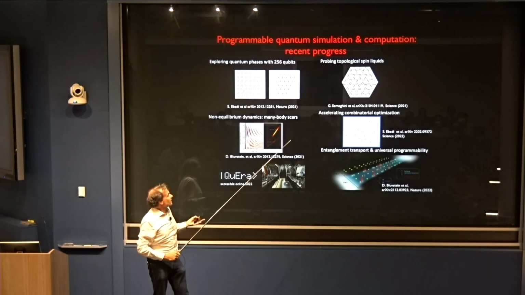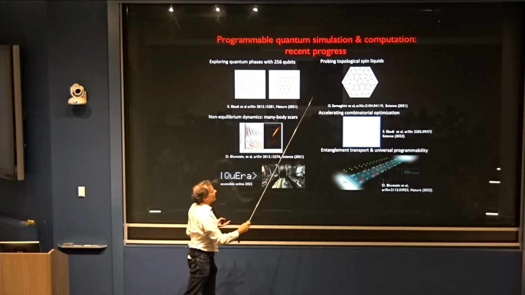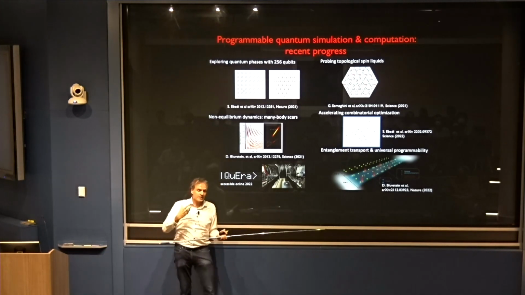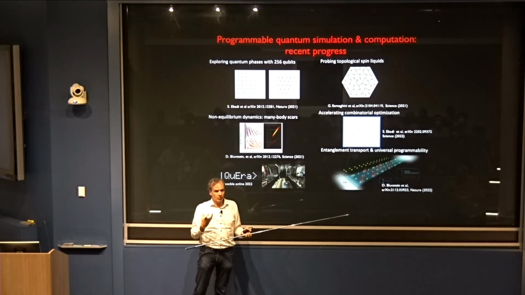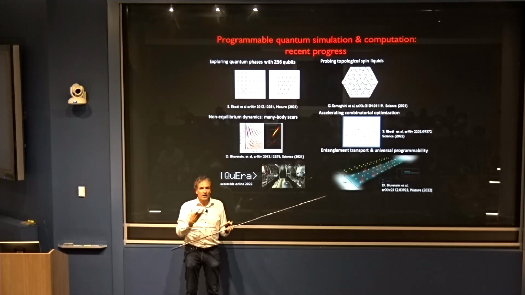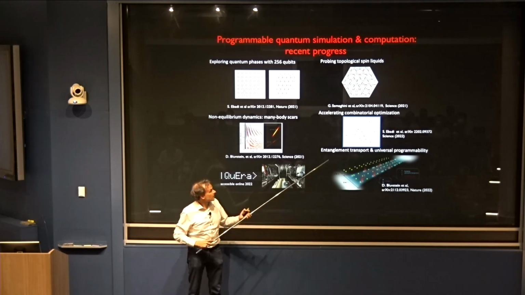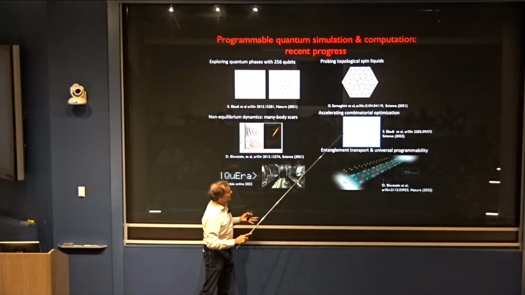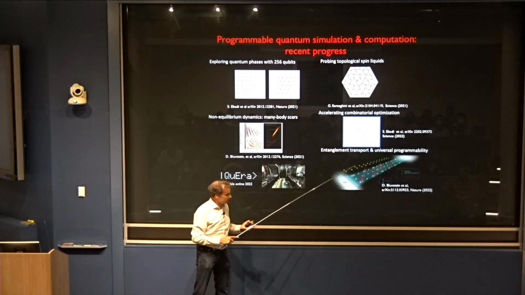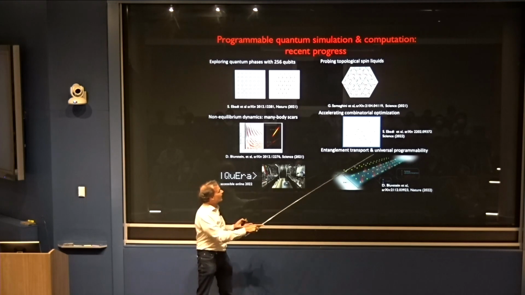For example, we have seen evidence for spin liquid states, but it's also possible to do quantum simulations that are not linked to physics problems, but more to other kinds of problems like optimization problems. So we did some maximum independent set problems there.